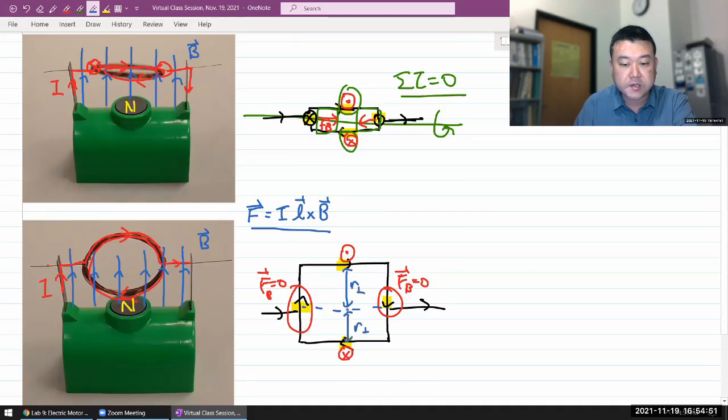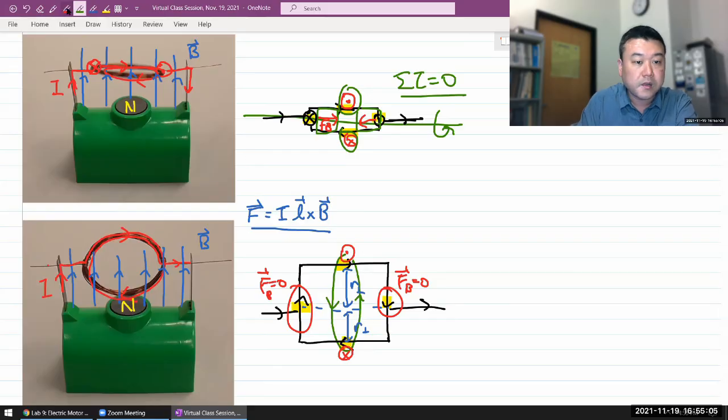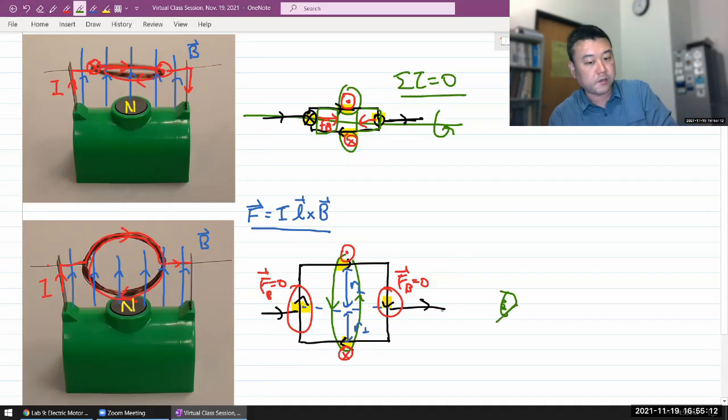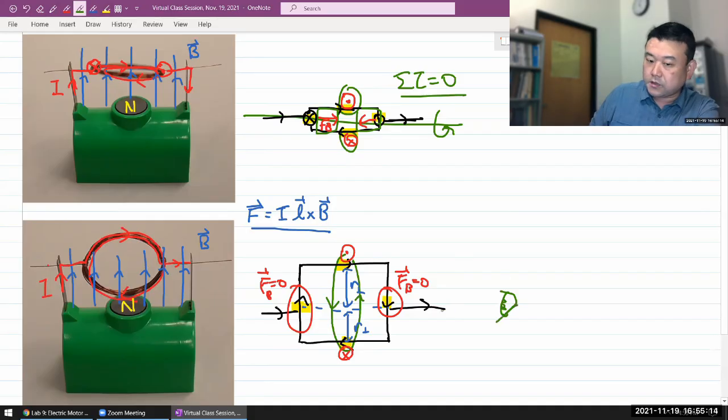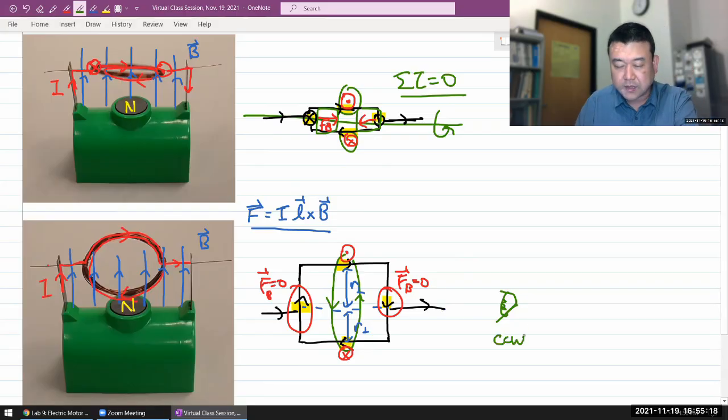So if you imagine this, these two combined forces will tend to rotate this whole thing in this way. If you imagine looking at this coil from the point of view of the observer who's over here, then from this observer it'll look like it's spinning counterclockwise, I think.